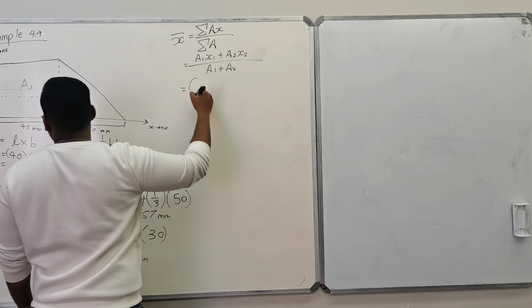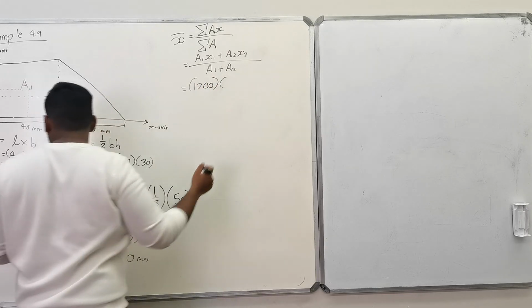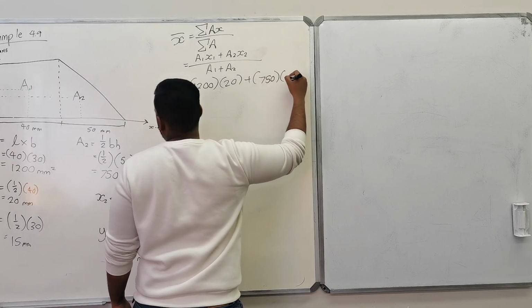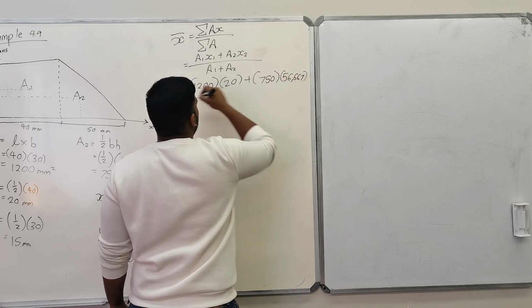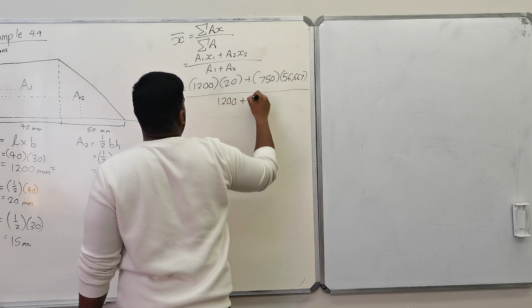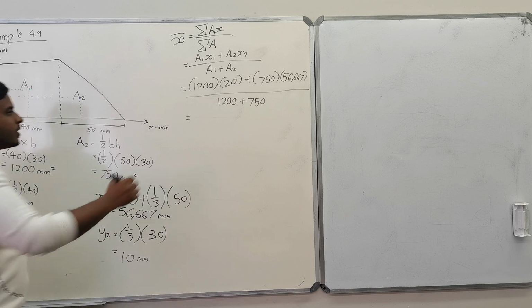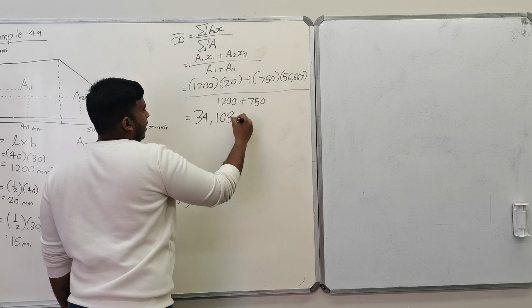So A1 is 1200 times x1, which is 20, plus A2, which is 750 times x2, which is 56.667, all over A1, which is 1200, plus 750, which is 34.103 millimeters.